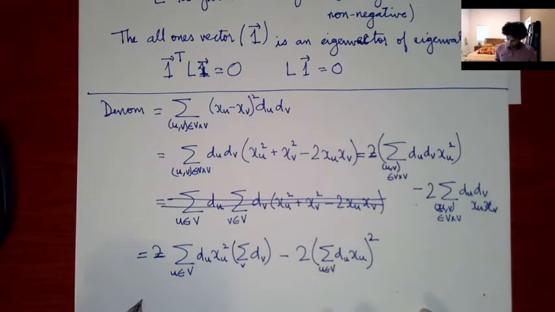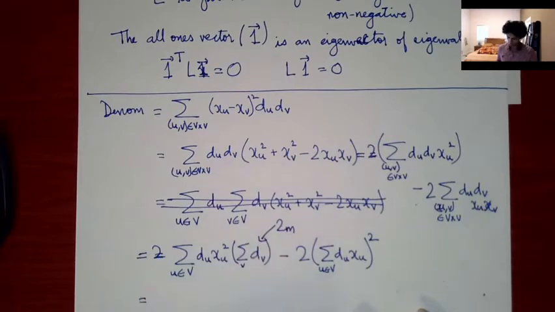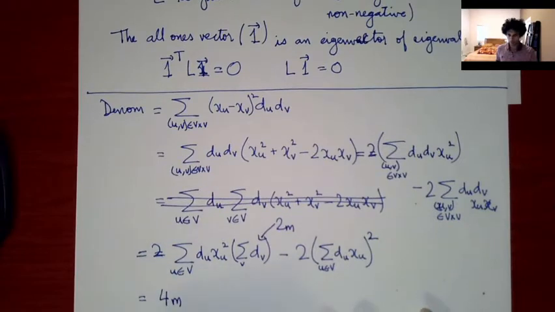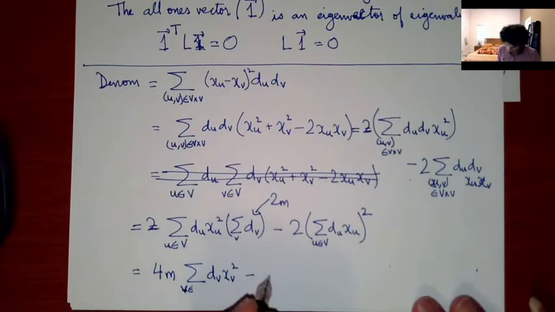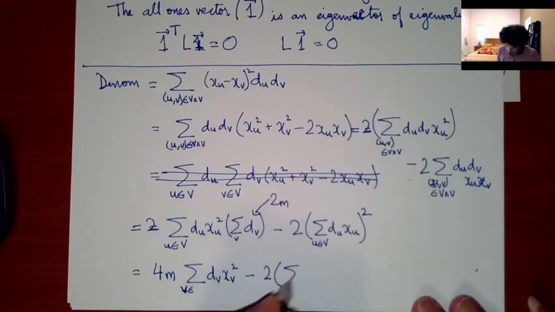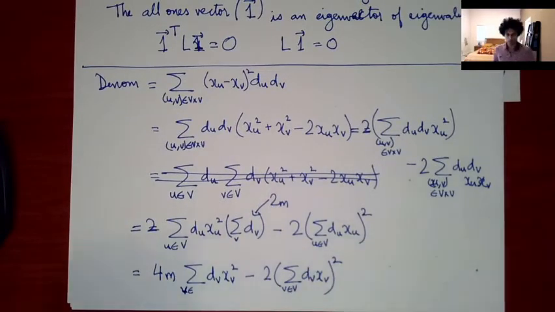When I expand this out, now this is just 2 times m. So when I do these manipulations, I get 4 times m times the summation over v of dv xv squared, minus 2 times the summation over all vertices v of dv xv, and the whole thing squared.